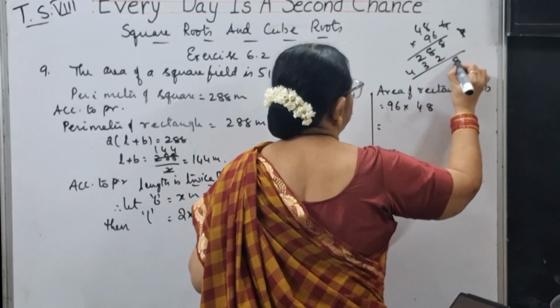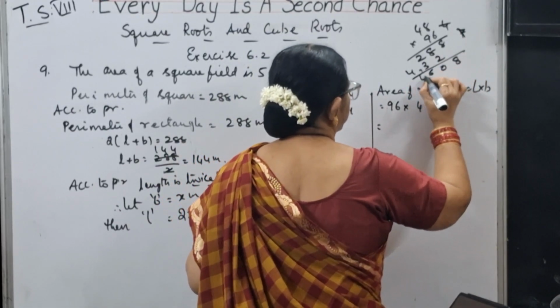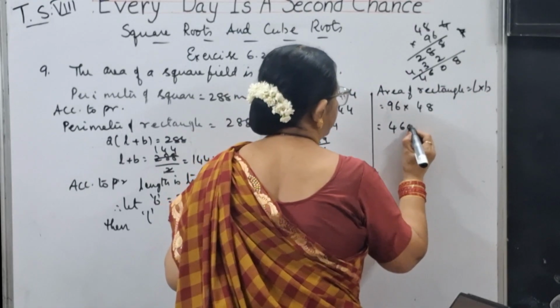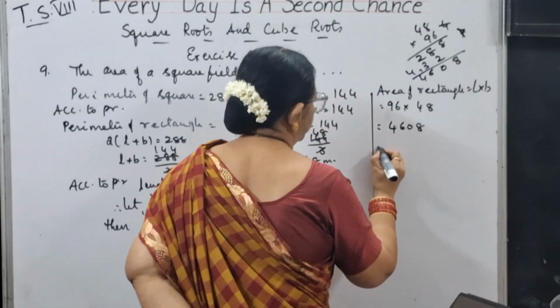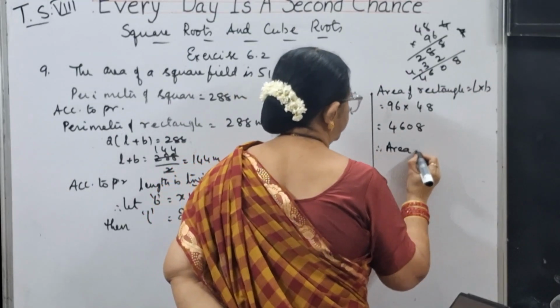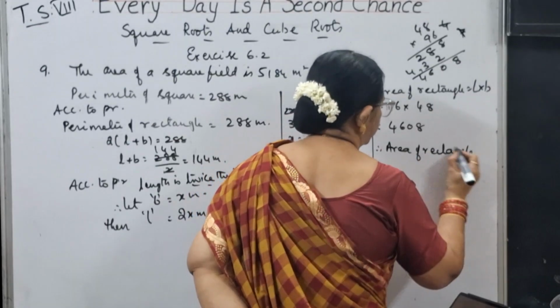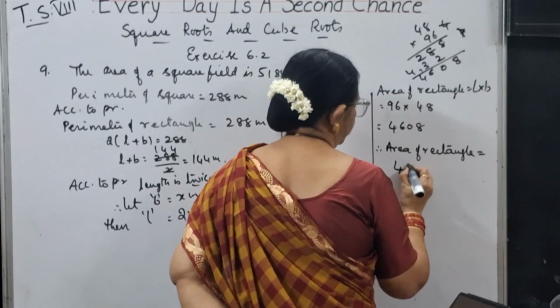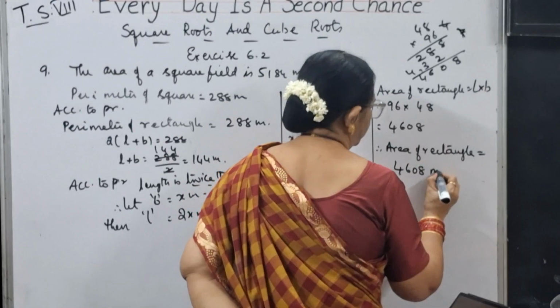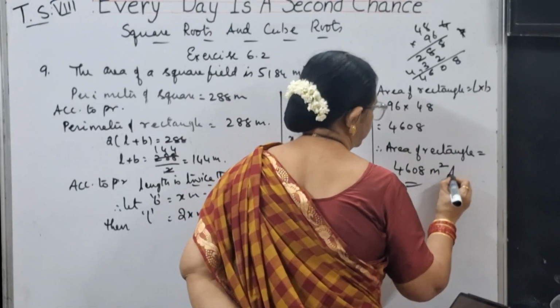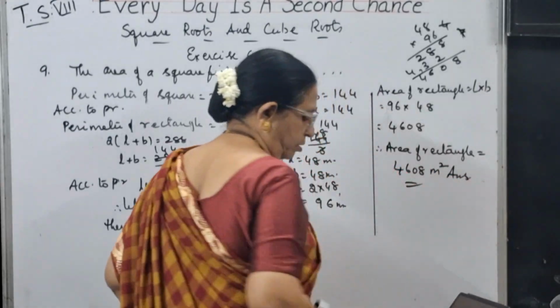So how much you are getting? 8, 10, 6, 4. 4,608. Therefore, area of rectangle is equal to 4,608 square meters.